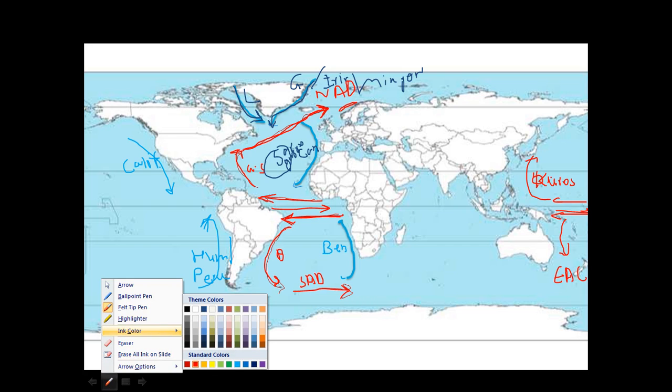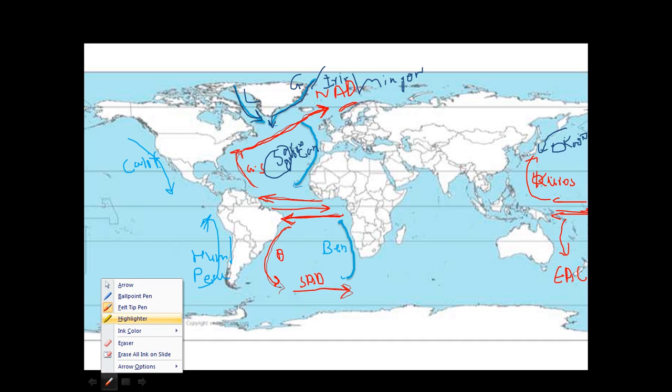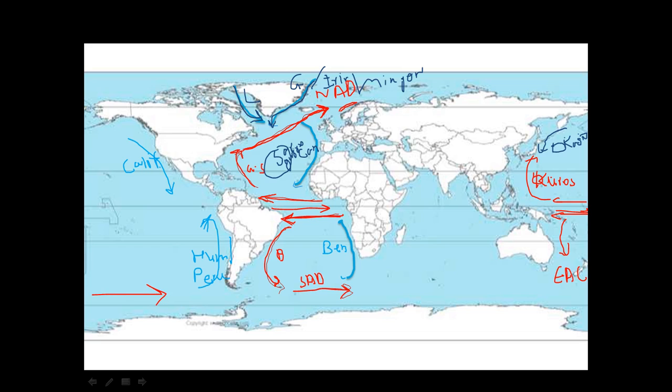Then from the northern side, we have a current coming here, which is called as the Oyashio current. So here the cycle is complete, and just for the sake of completion, we will be having here South Pacific drift and North Pacific drift.